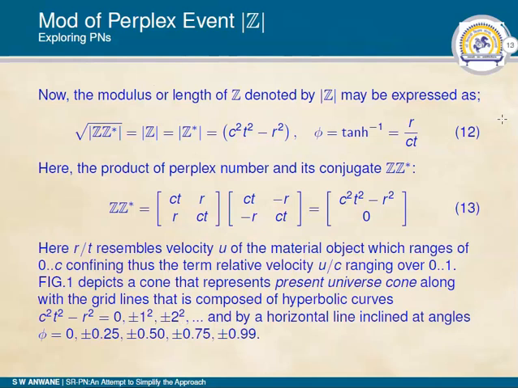Now here r upon ct resembles relative velocity. For that, consider r upon t, that is space upon time. We shall chart velocity, say u or v, for a material object which by the hypothesis of spatial relativity ranges from 0 up to c, confining the relative velocity u upon c to range over 0 to 1.